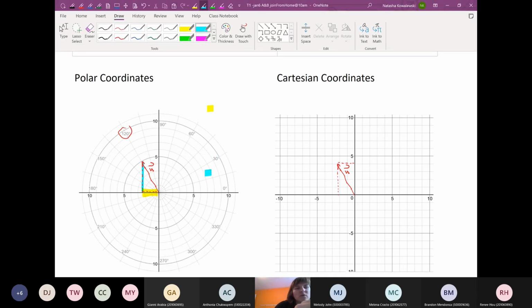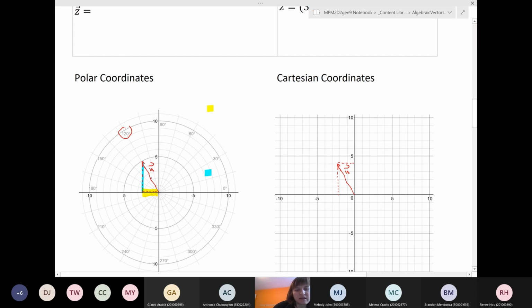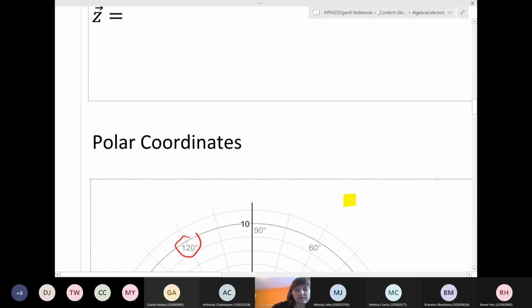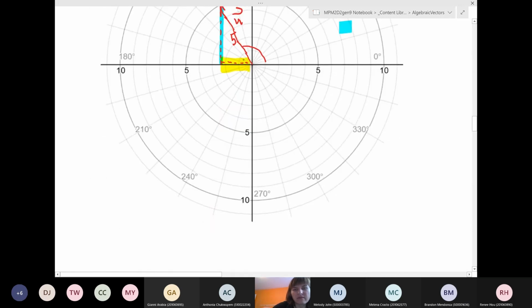Okay, so we know the size of the hypotenuse only, and we know the angle over here is 120. What would be the angle on the inside of this triangle? Who would like to unmute themselves and tell me? 60. 60, very good. So this is angle 60.